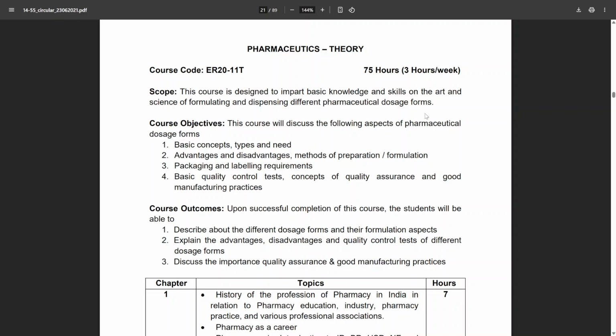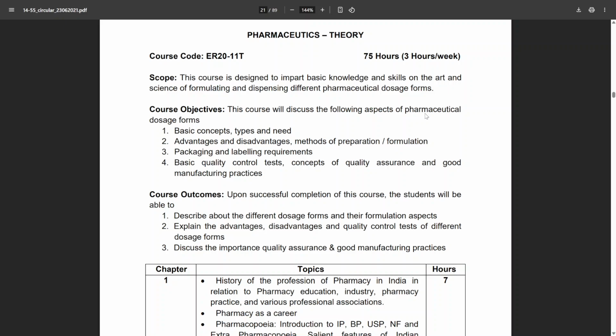You will learn about the various ingredients which are used in the medicines, cosmetics, and all these things. You will also learn about the machineries in the higher classes.